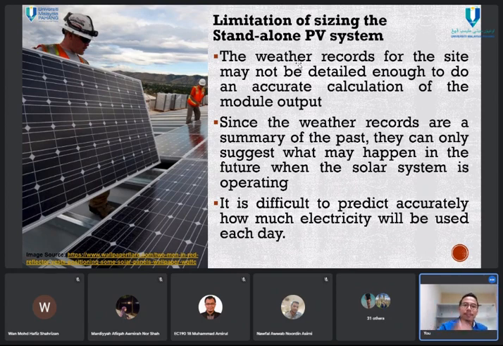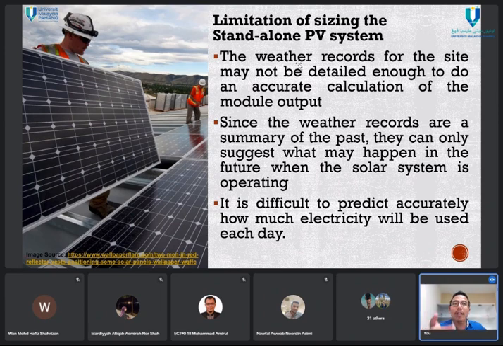Why? Since the weather records are a summary of the past, and forecasting the solar irradiance is not the same as forecasting the ambient temperature or the humidity. That one is very straightforward and you can compare directly with the measurement. Of course we have a solar irradiance meter, but solar irradiance is quite critical. Once the clouds change, if a cloud just passes through, the solar irradiance also changes.